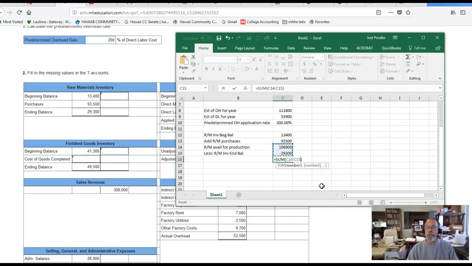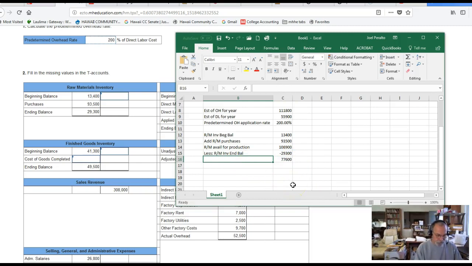what was available less what we ended up with gives us 77.6. So 77.6 would be our raw materials transferred to production, 77.6.